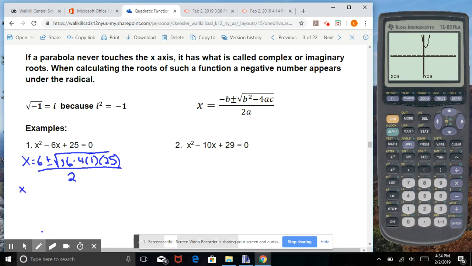We go further, x now equals 6 plus or minus the square root of 36 minus 4 times 1 is 4, times 25 is 100, all over 2.